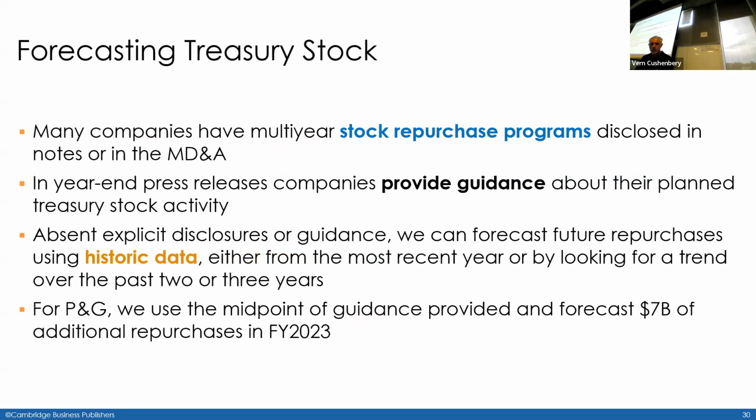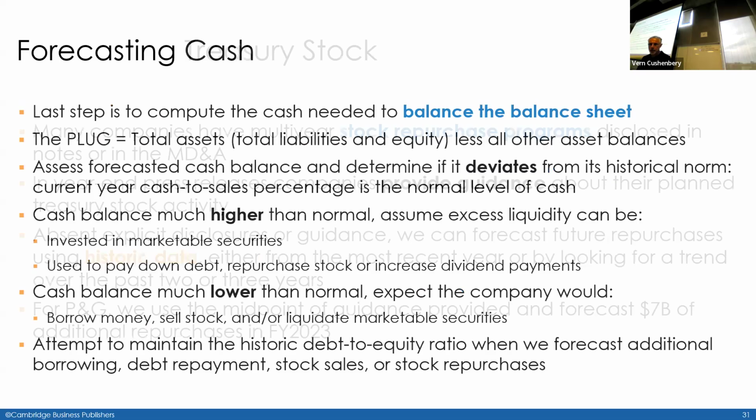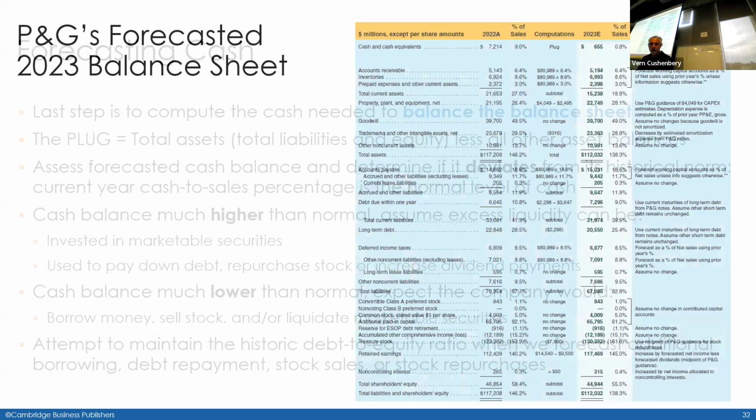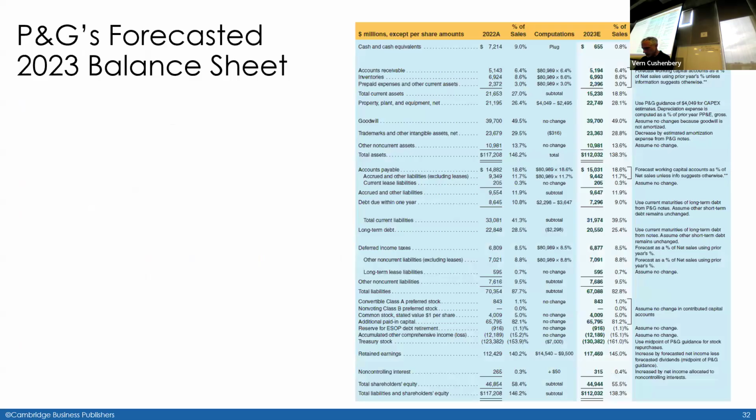So I'm hoping that as we go through these, most of this is fairly intuitive. You have the slides to come back to. Should be fairly easy to get a handle on where we've been. This is your forecasted financial statement balance sheet.